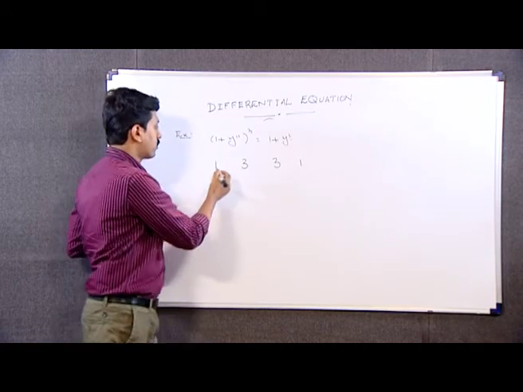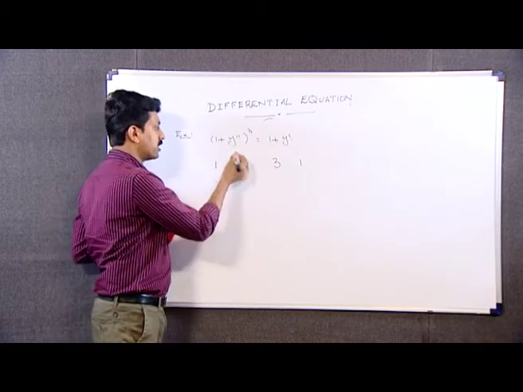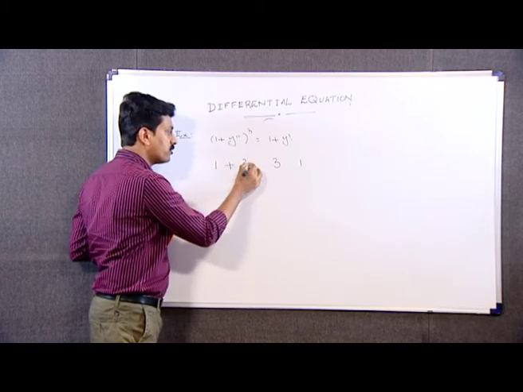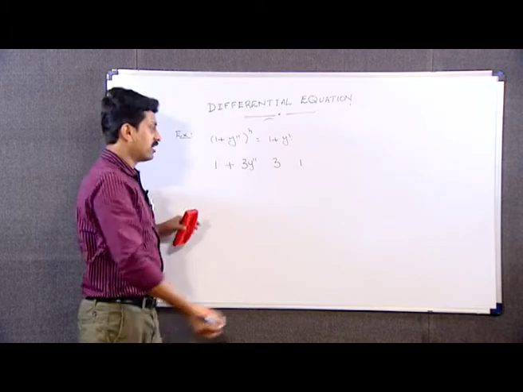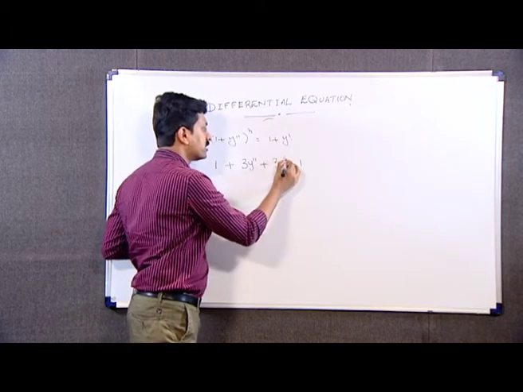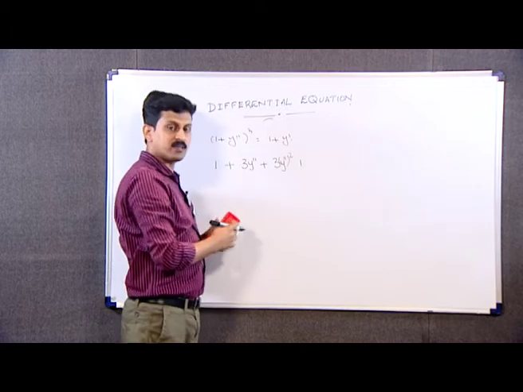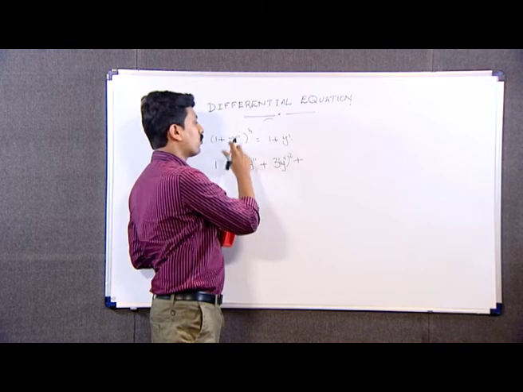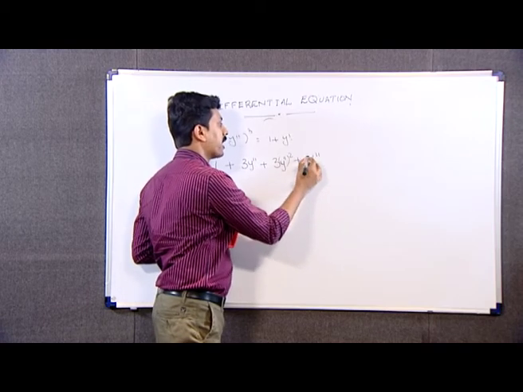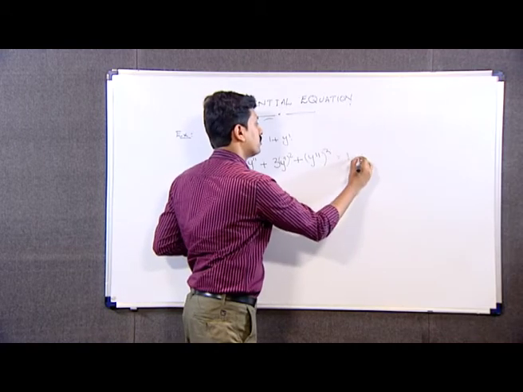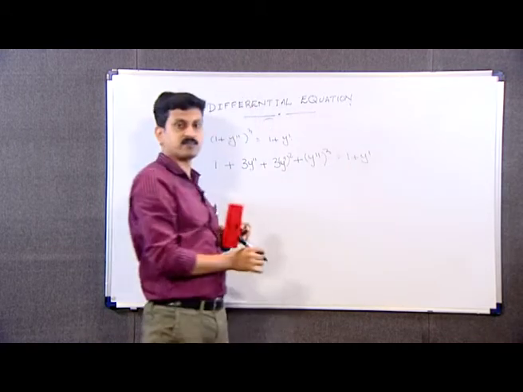That is, 1 cubed, plus 3 into 1 into y'', plus 3 into 1 into y'' squared, plus the last one, 1 into y'' the maximum power, that is cube. Here it is equal to 1 + y'.